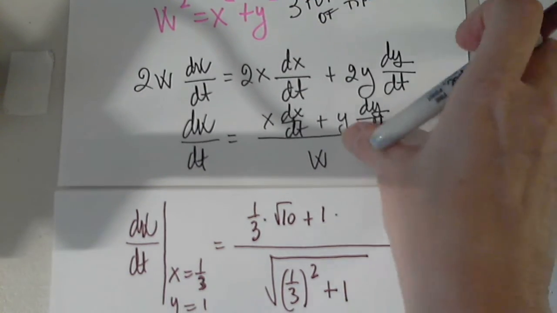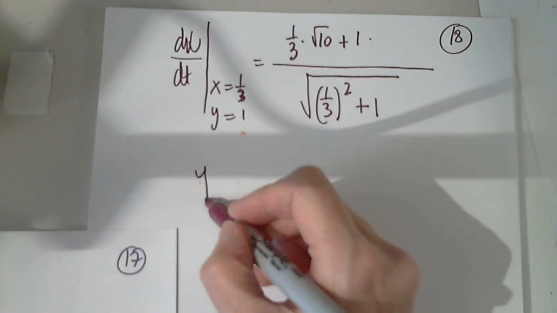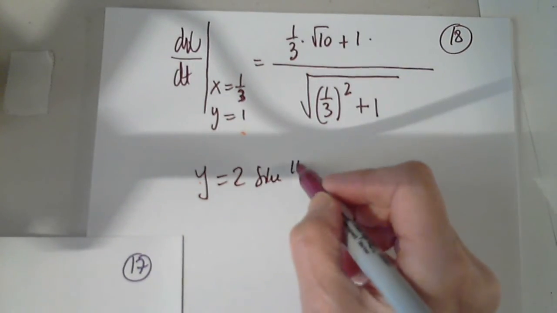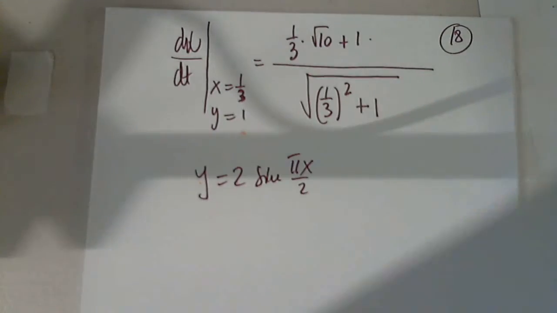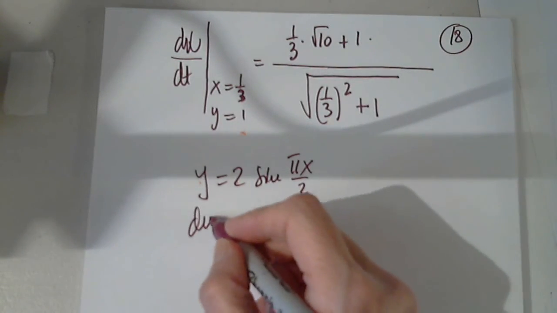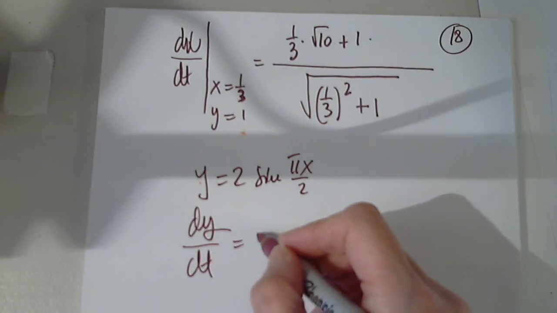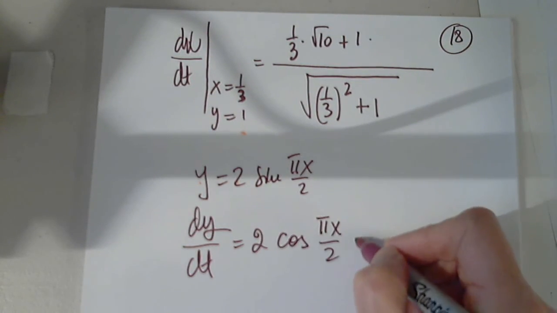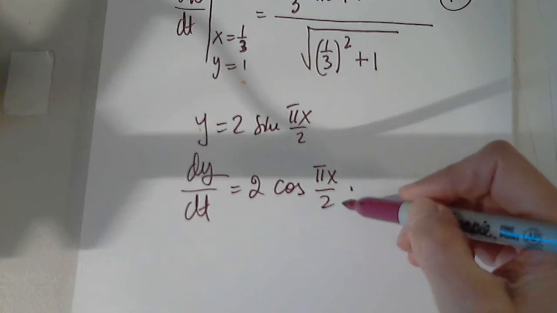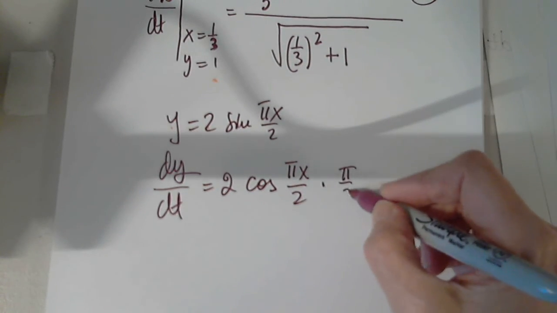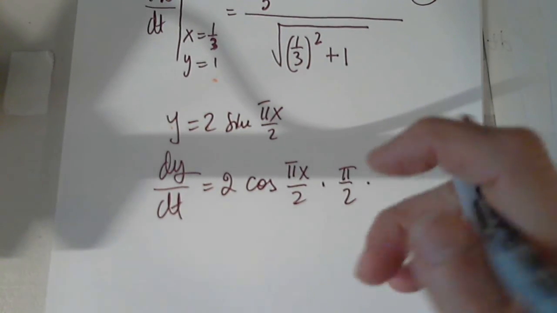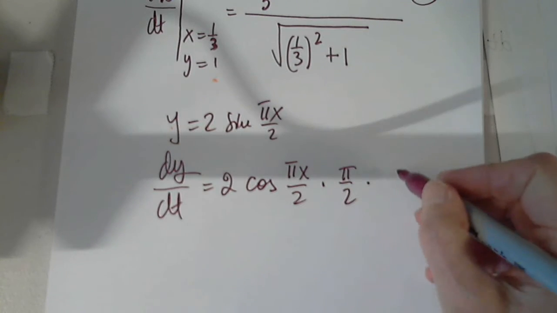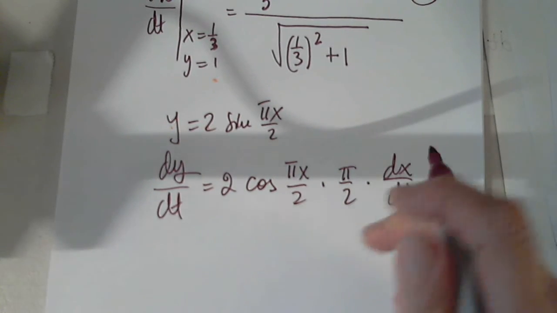Okay, so I go back to the function. Here's the function. Y equals 2 sine pi x over 2. So dy over dt equals 2 cosine pi x over 2 times the inner function prime, which is pi over 2, times the further inner function prime, which is dx over dt.